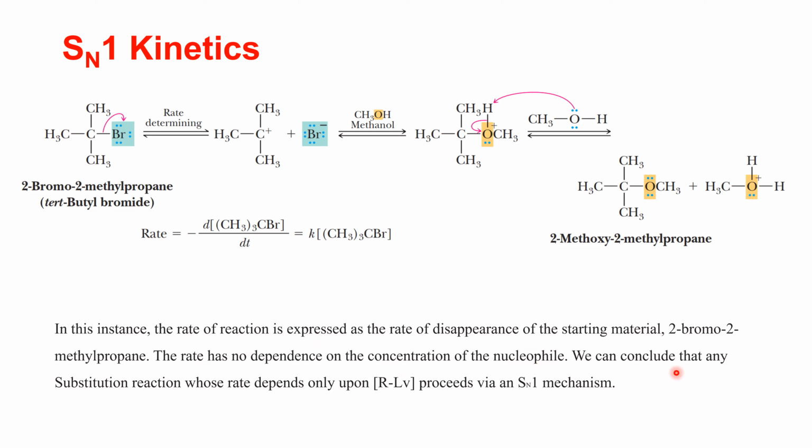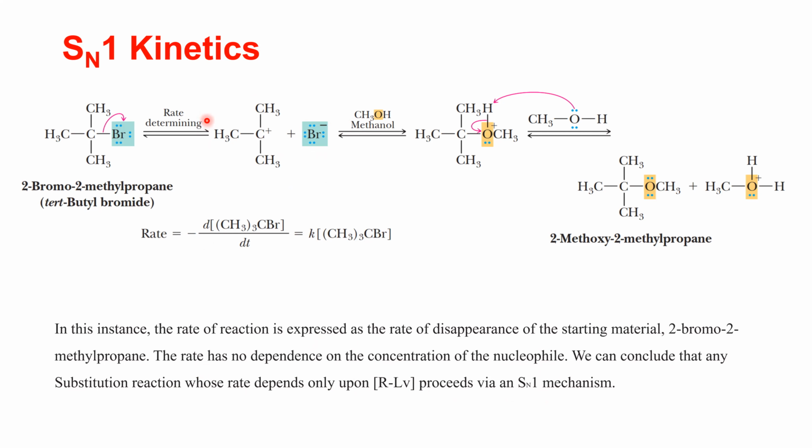So we can conclude that any substitution reaction whose rate depends only upon the RLV proceeds via an SN1 mechanism. What it means is that the carbocation, when formed, is the rate determining step. So whatever the nucleophile, whether stronger or weaker, it will attack that carbocation.